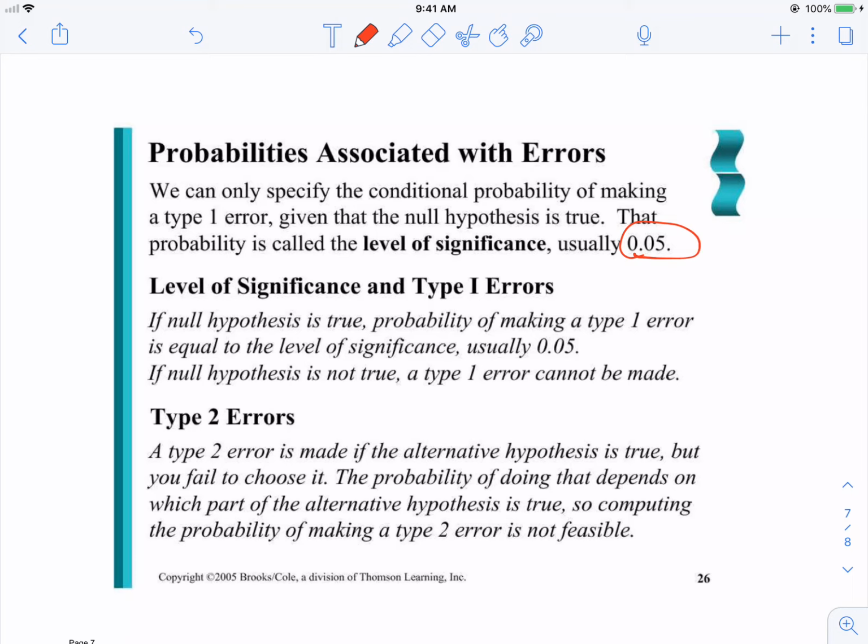Again, only one of these two types of error is possible based on the decision you made. A type 2 error is made if the alternative hypothesis is true, but you fail to choose it. This is the one that we said is unquantifiable. That p-value no longer represents the probability of that error happening. It only represents the probability of a type 1 error if that's the conclusion that you make.